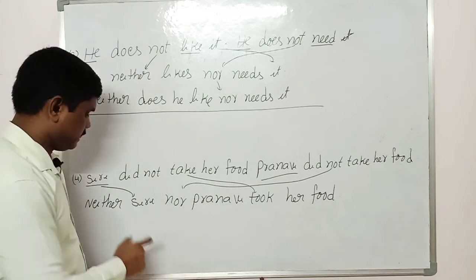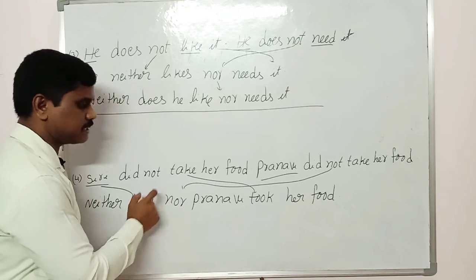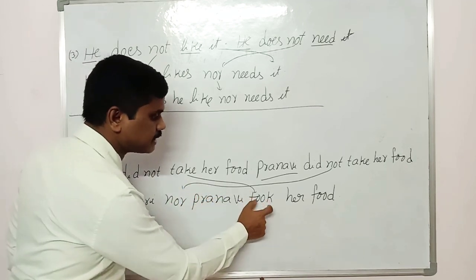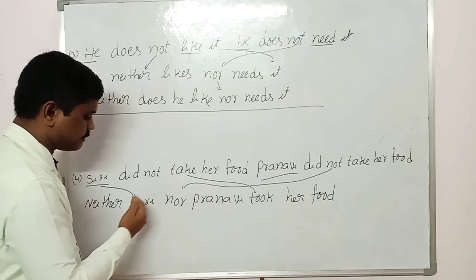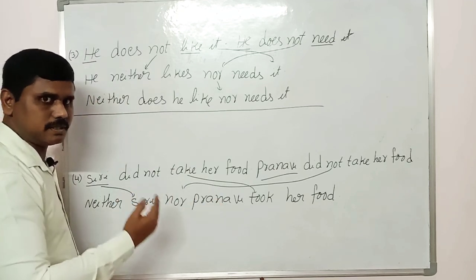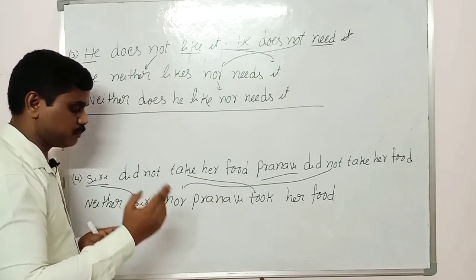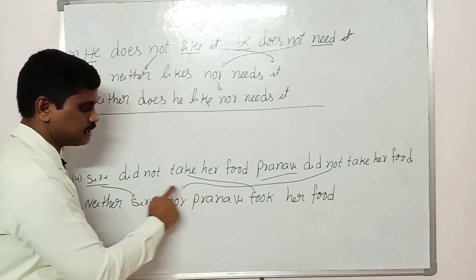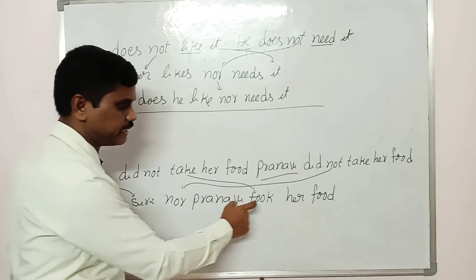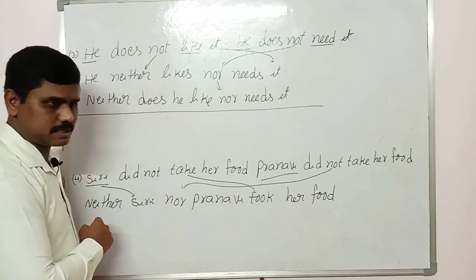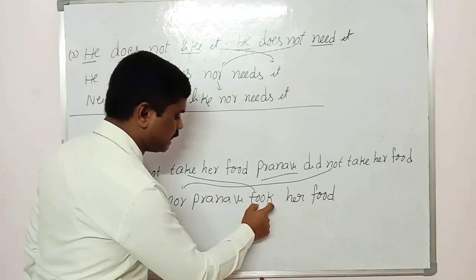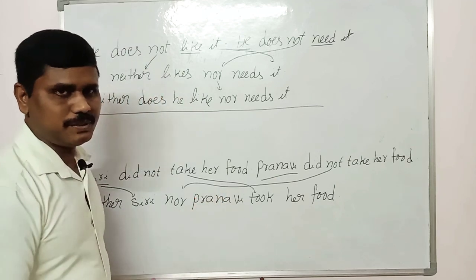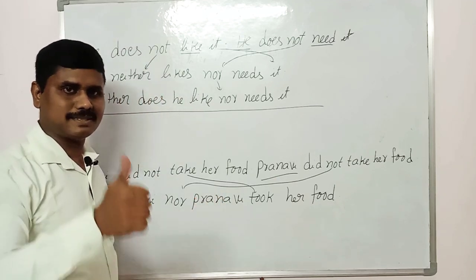Another important point: if there is a singular subject and a plural subject, we write the plural subject nearer to the verb and the singular subject here. These are two points, singular subject, plural subject. We write the singular subject here, we write the plural subject here, and the verb follows the plural subject. And this verb always follows this subject. I think all of you understood it very well. Thank you.